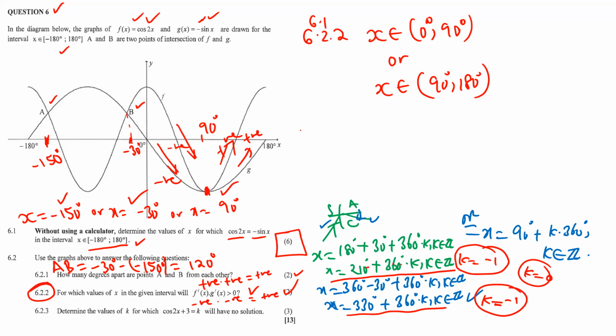Okay, if you want to say it like this, you can say 0 to 90 or 90 to 180.